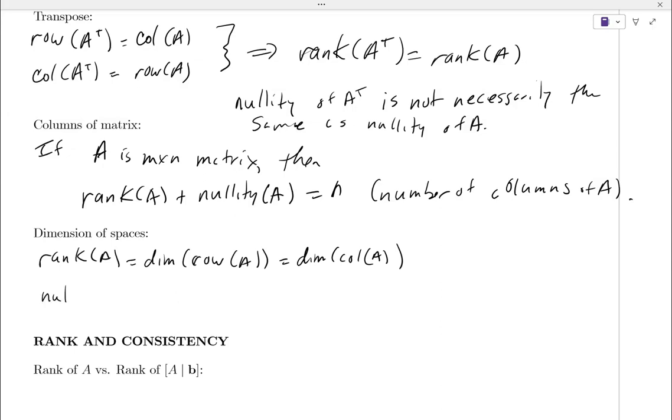And your nullity is the dimension of the null space. Just a reminder of what we talked about on Wednesday, whatever day. Previously.